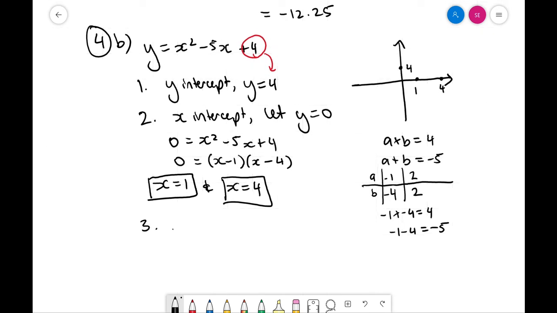Now, axis of symmetry. We know it's going to be somewhere in between here. And if you just use this formula again, minus b on 2a, our b is minus 5 and our a is 1. So that'll equal minus, and then you do minus 5 on 2 times 1. So that'll be 5 on 2, or 2.5.